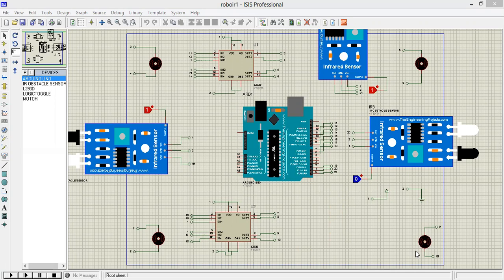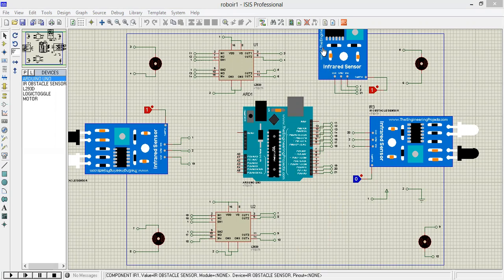Next, I am using three sensors. The use of the sensor is that if there is any obstacle in front of the robot, it will detect it and give the signal to the controller. This one is for the front, this is for the left side and this is for the right side.